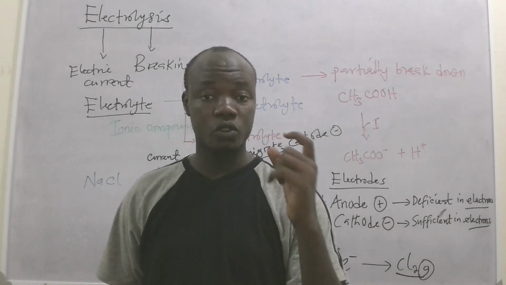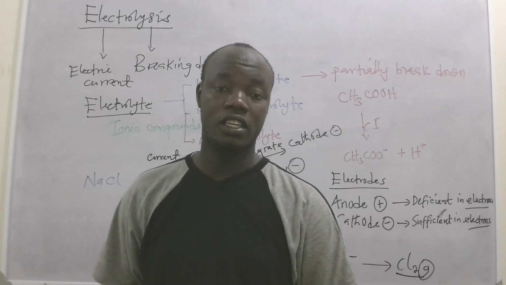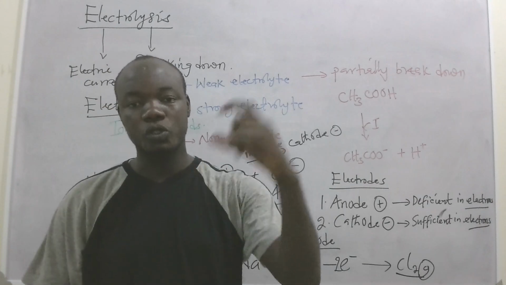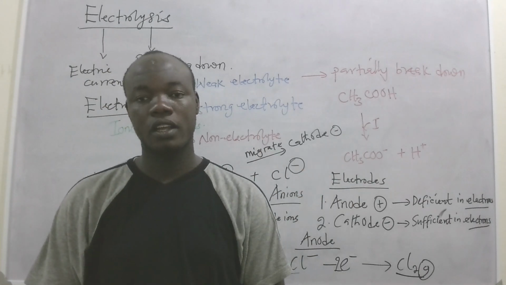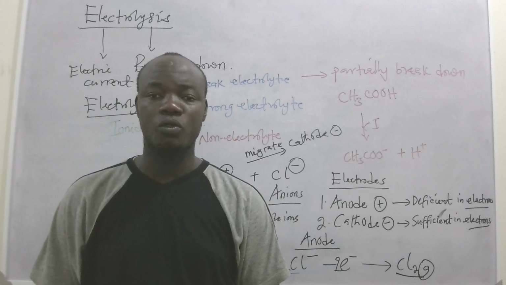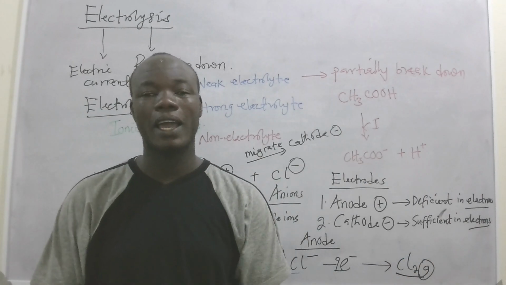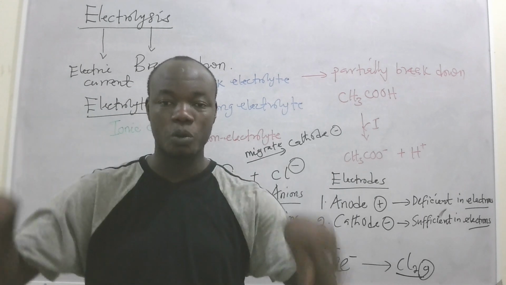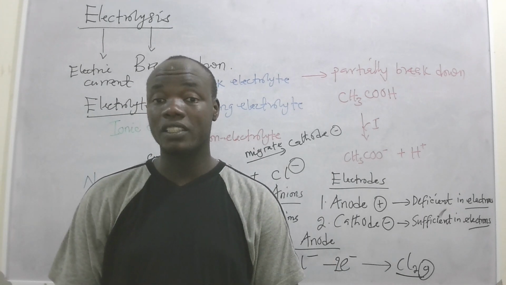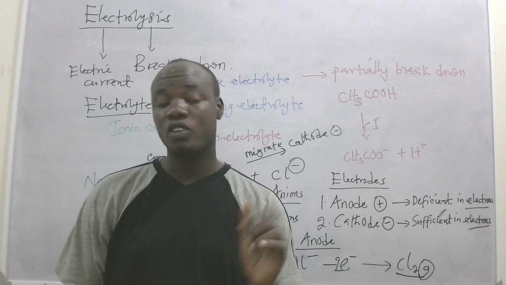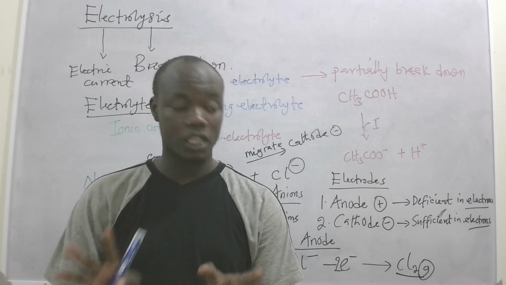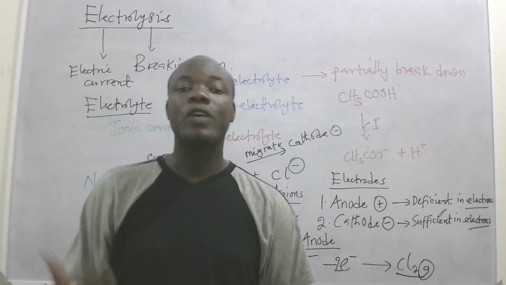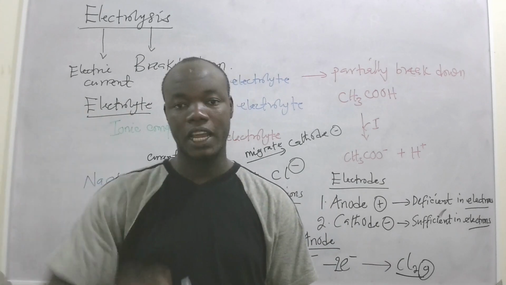For example, if you take sodium chloride, which is a salt, and put it in water, it will break down to produce sodium ions and chloride ions. After the ionization, they will move randomly, in random directions, until electricity is applied.